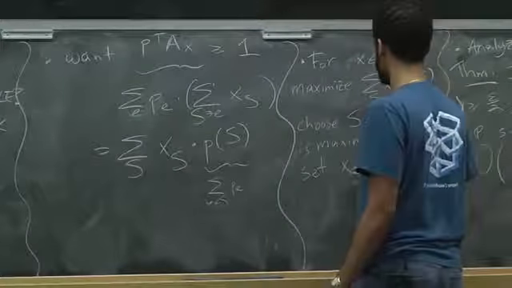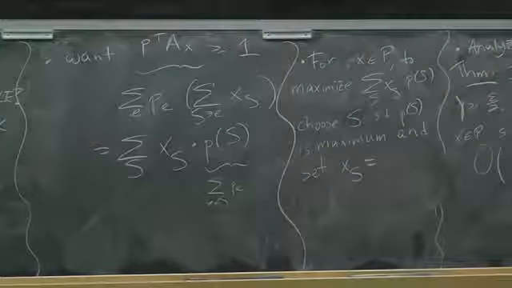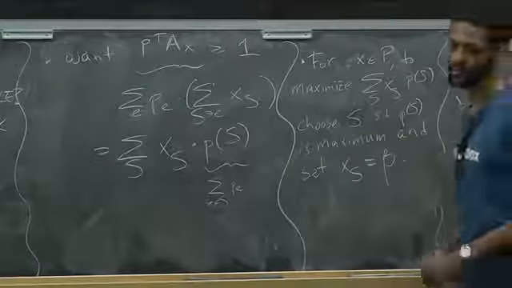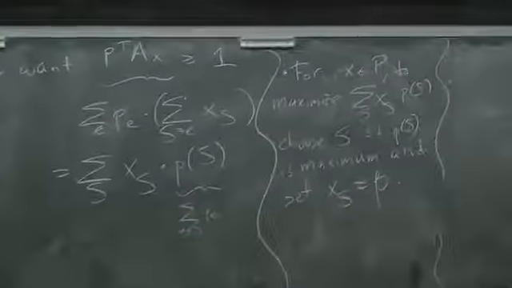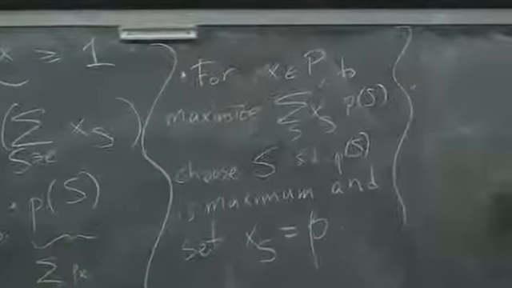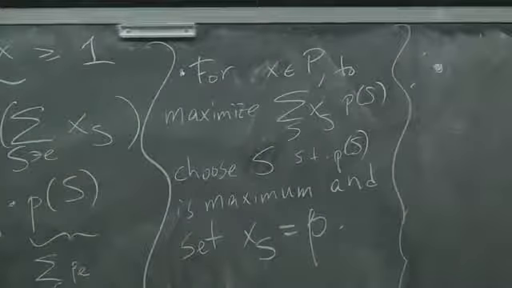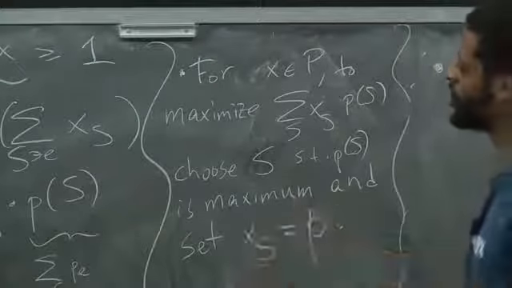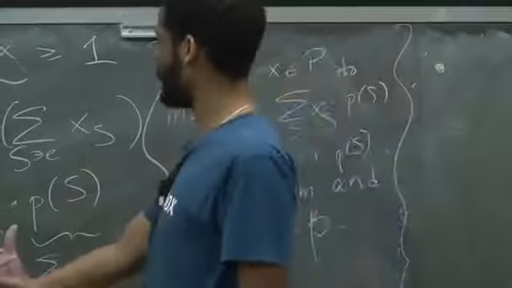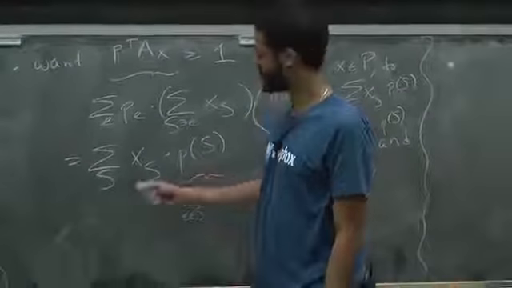What would you set x_S to be? Yeah, you set it to be beta. You place all the possible mass you could there. Okay, so that's what the oracle will do. When the oracle is given this p, it's going to write down this expression. It's going to observe which p_S is the biggest, and it's going to set x_S to be beta.